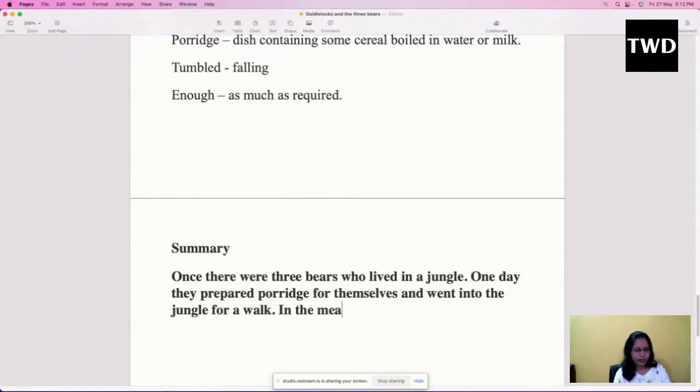In the meantime, a little girl entered their home and tasted their porridge.